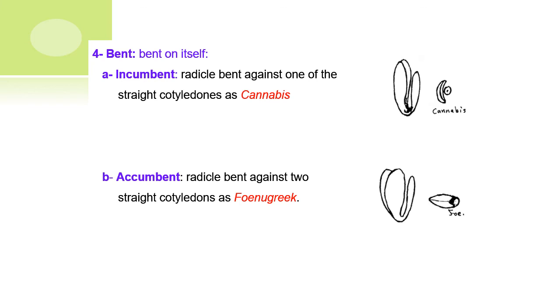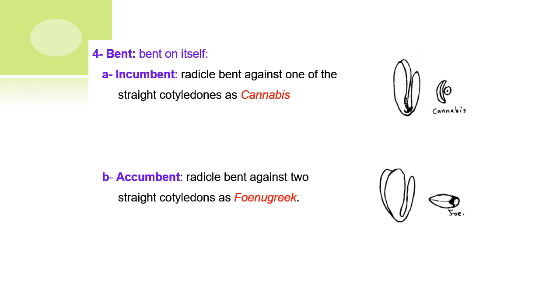Bent, when the radicle or the cotyledons bend on itself, we have incumbent or accumbent type. In the incumbent type, the radicle is bent against one of the cotyledons in dicot plants, as in cannabis.